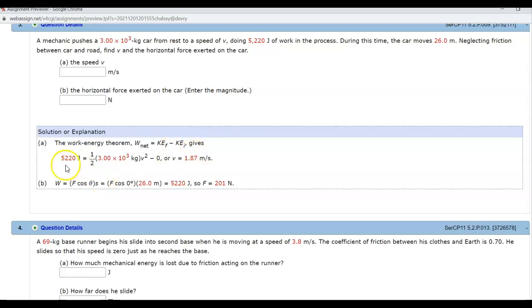In this case, the net work was 5,220, and that's going to be set equal to 1/2 mv squared minus 0 because it started at rest. And we solve for v.